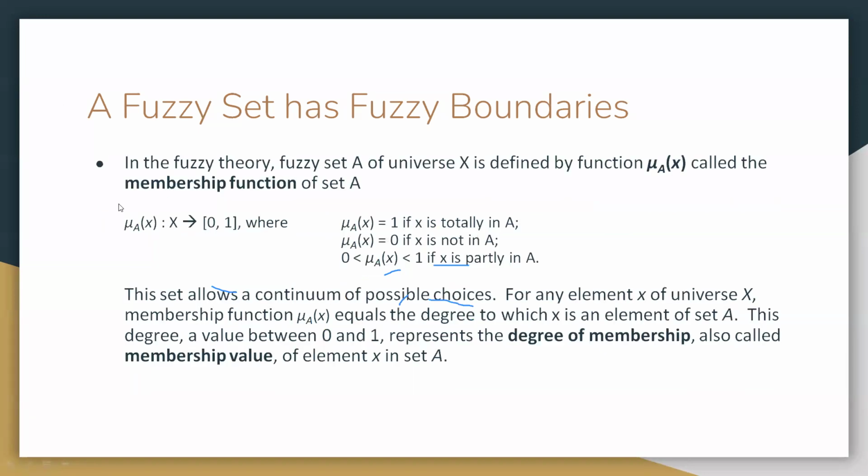Now, in a fuzzy set, you can see what happens. The fuzzy set A of universe X is defined by a function. We change the function name from f to mu.